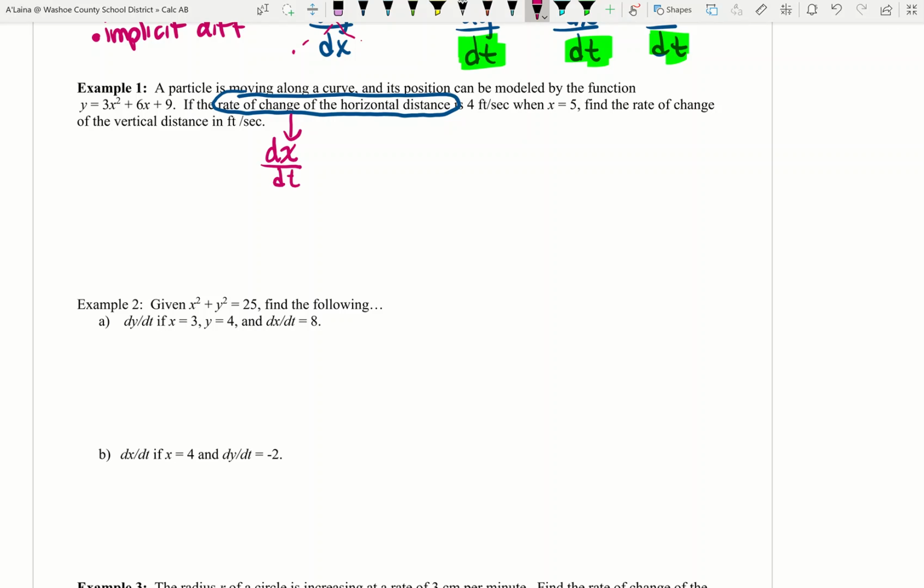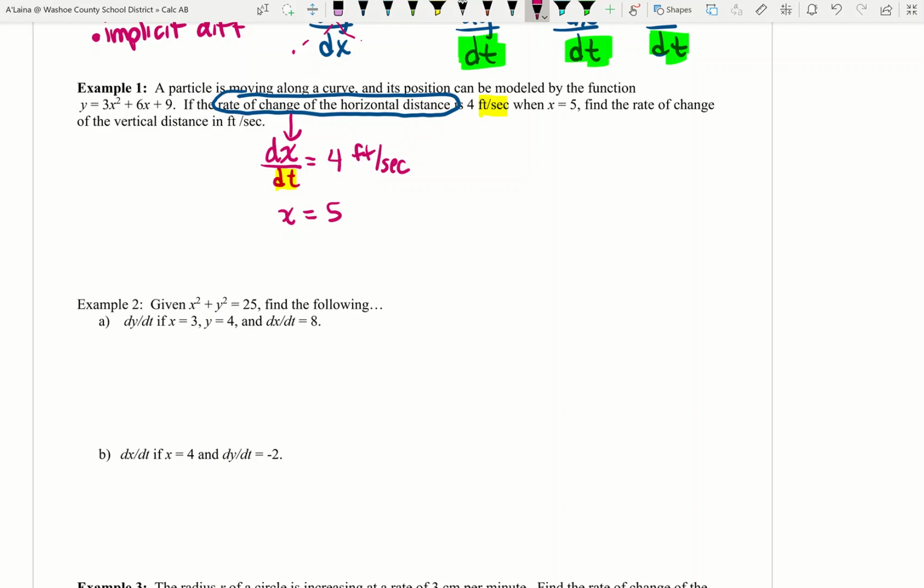You might wonder how I knew it was with respect to time. It was actually because of these units. That denominator here being seconds tells me that this is with respect to time. So the rate of change of x with respect to time is 4 feet per second, and that's happening specifically at the instance when x is 5.